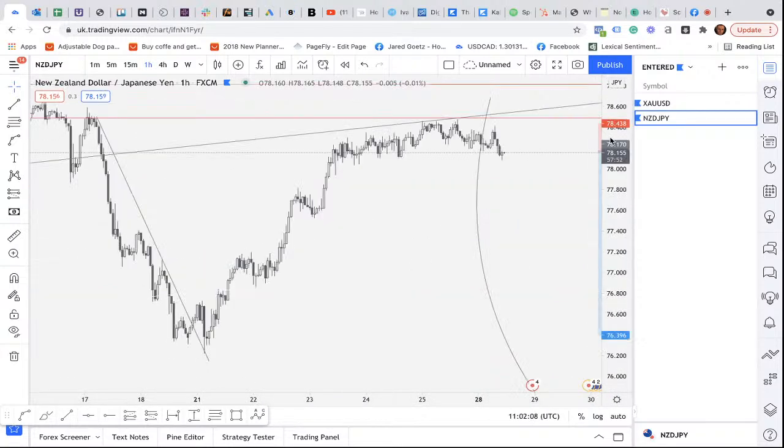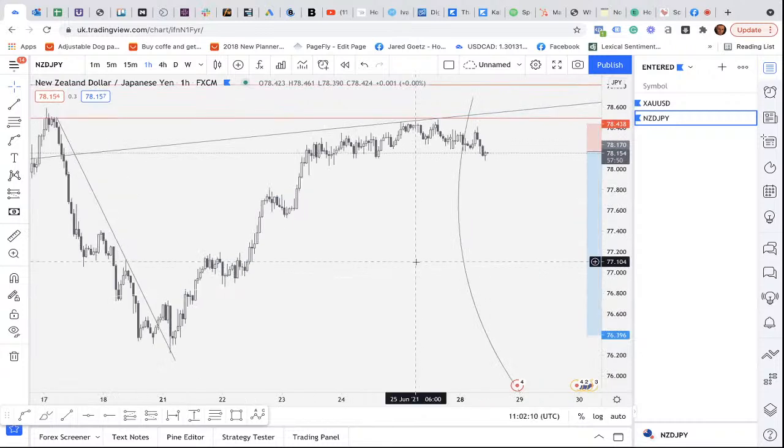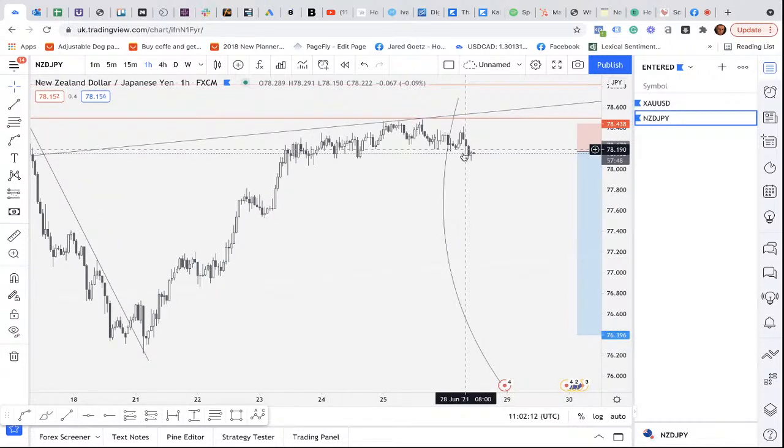Now, we had gotten in just here because we've seen price action was really going to be pushing below this little tiny mini support zone, and that was enough confluence for us to see this high here come back in line with this high and create lower, and then now we're starting to finally drop off. Whether that does drop off to our target, which we've got currently set at 76.396, who knows?